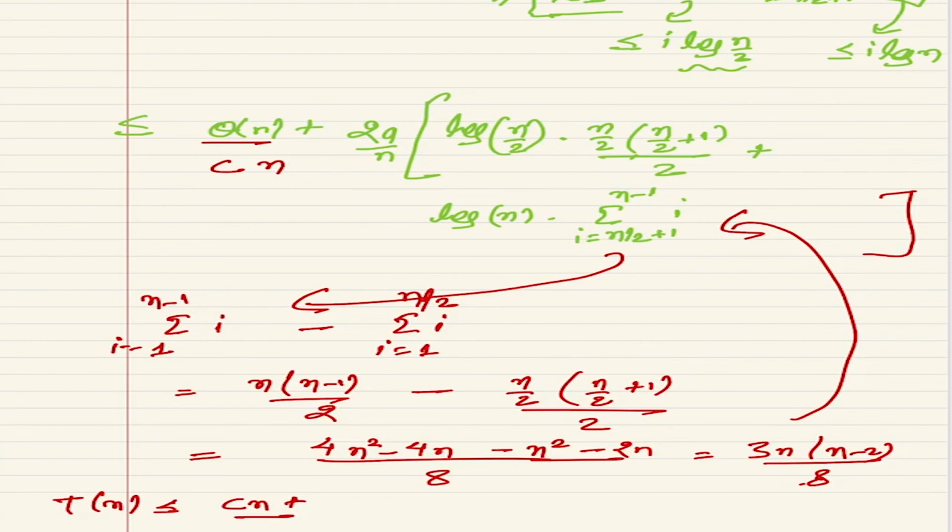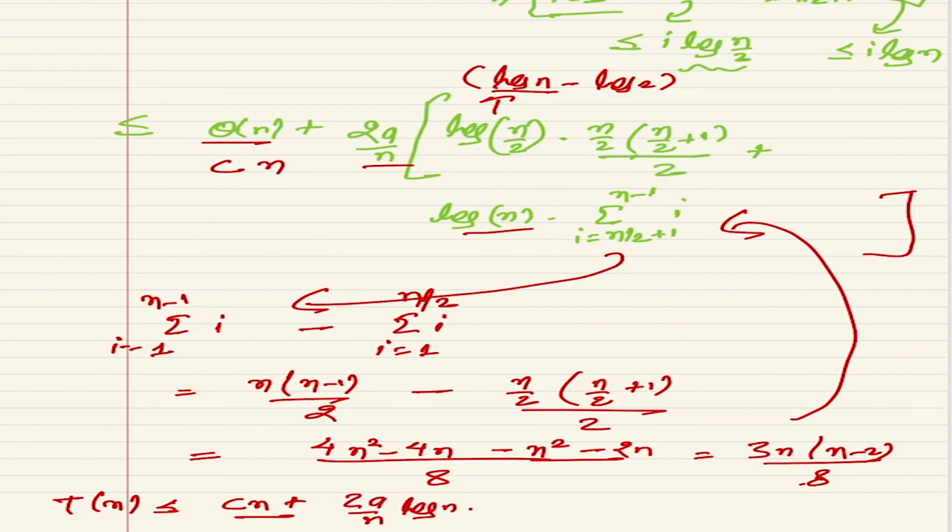So there is surely this 2a by n. But inside there is one term with log n by 2, another with log n, right? And I think we can use a trick here. We can replace this log n by 2 with log n minus log 2. So in this case, log n will be common, so 2a by n log n.